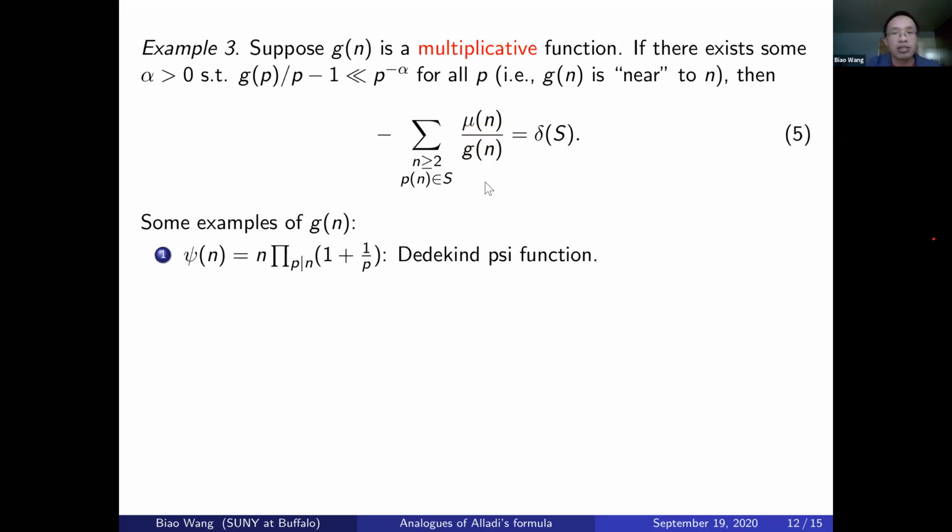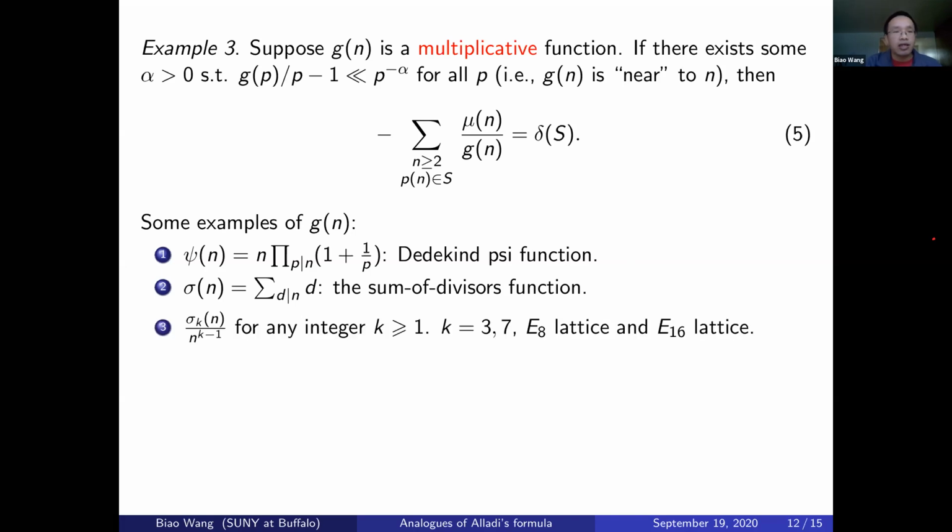Here are some examples for g of n. First we can take the Dedekind psi function and also the sum of divisors function and the normalized sum of divisors function for the power k. When k is 3 and 7, this function is related to the E8 lattice and the E16 lattice.